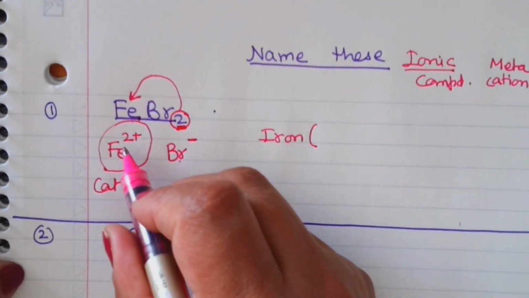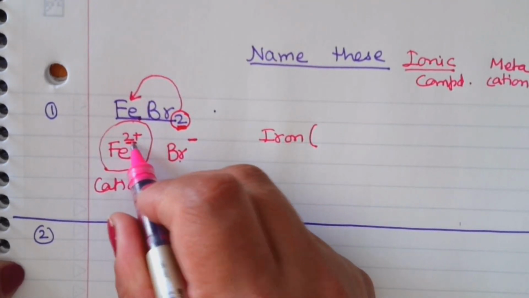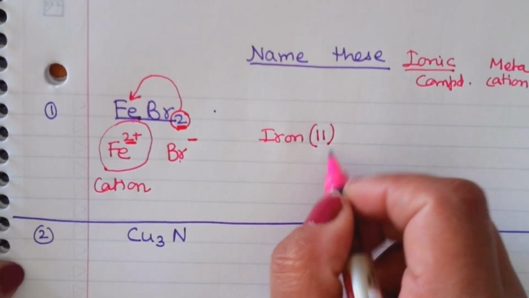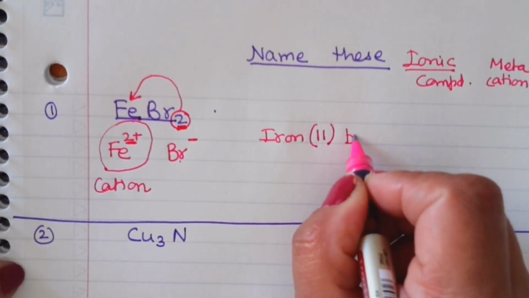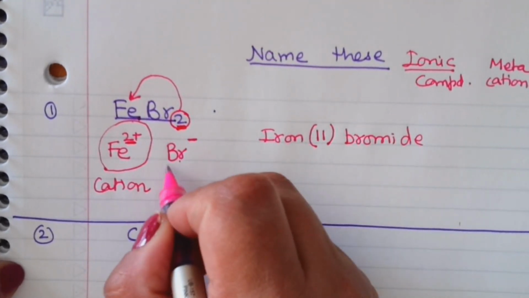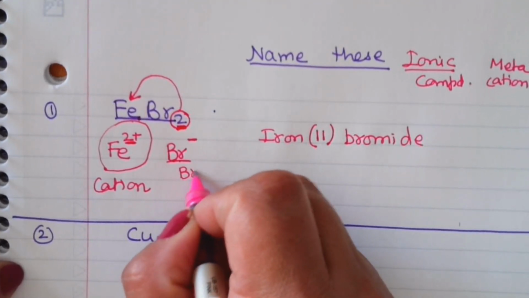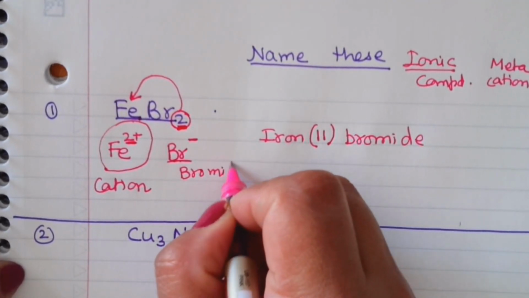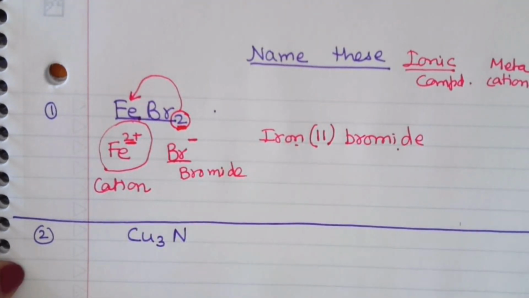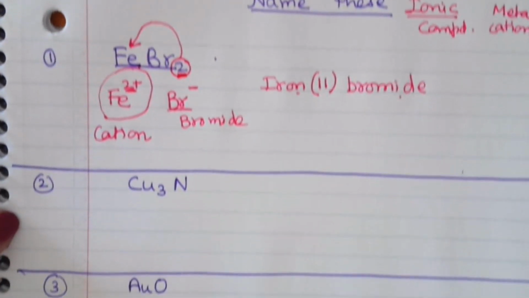Then in Roman numerals we have to specify the charge. Since it's 2 plus, we'll write 2 and then follow it with the name of the anion, which is bromide. So this is bromide ion. Iron 2 bromide is the name of this ionic compound, right?